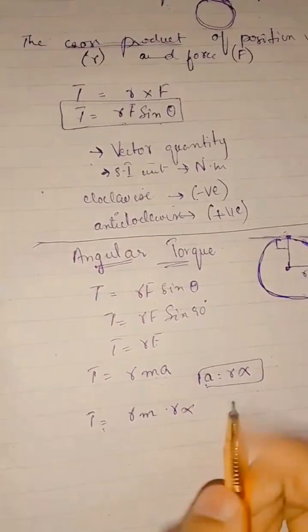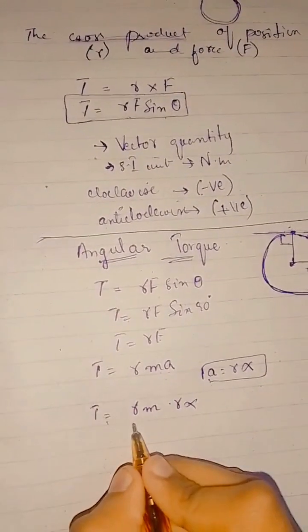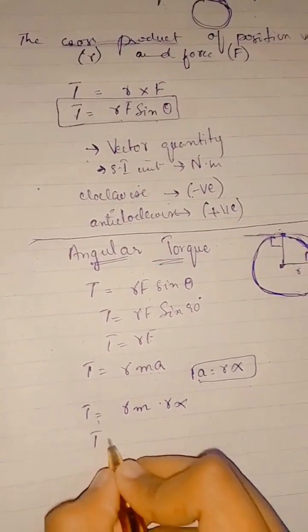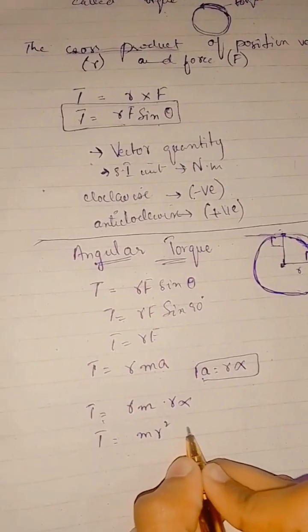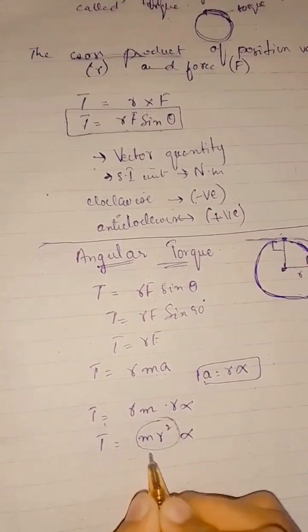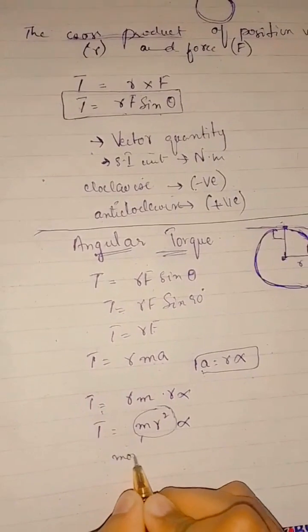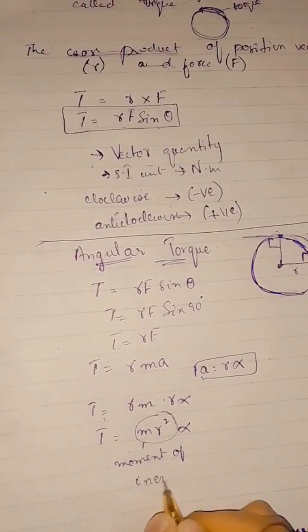Now this alpha is basically angular acceleration. So this will be m r square alpha. This m r square is basically the moment of inertia.